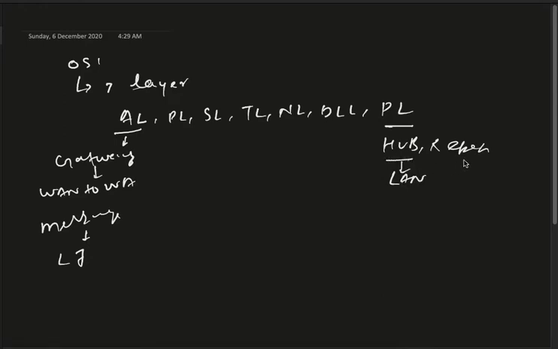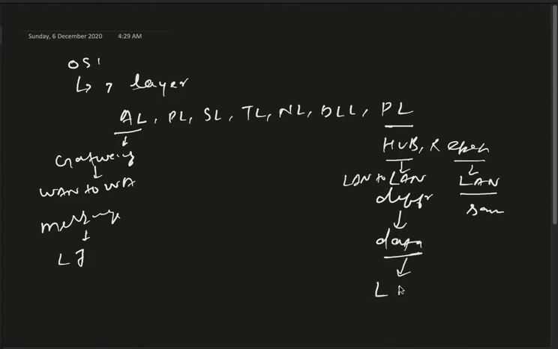Hub is a LAN, or repeater is also a LAN, but repeater and hub differ for a similar network, but this is the same network. This is the LAN to LAN difference. This is the data, meaning message is the data, and layer 1.